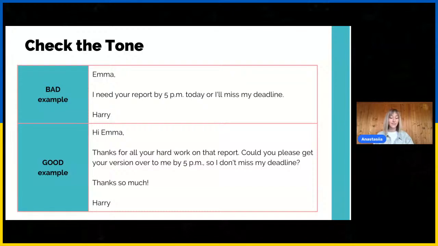Okay, the next piece of advice is connected with checking the tone of your email. Probably we've got some technical problems and cannot see the next slide for some reason. But while we are waiting for it to upload, a couple of words related to this topic.